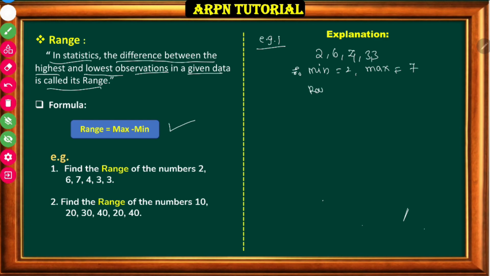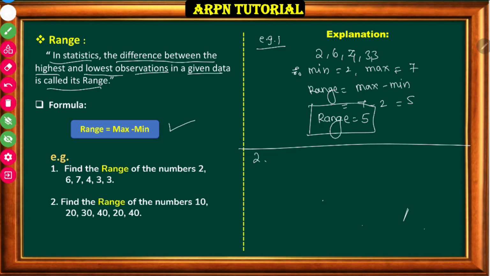So range is equal to max minus min, that is 7 minus 2, which is 5. Sorry, it's 5, not 4. Number 2 is 10, 20, 30, 40, 20 and 40. Okay, minimum in this is 10, max is 40.